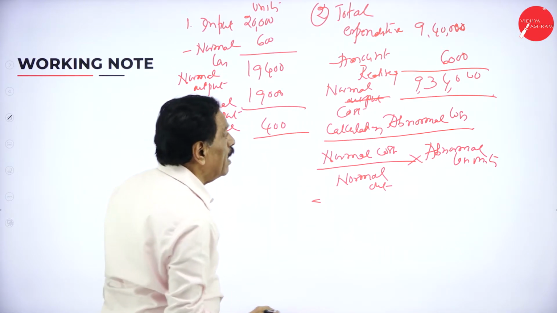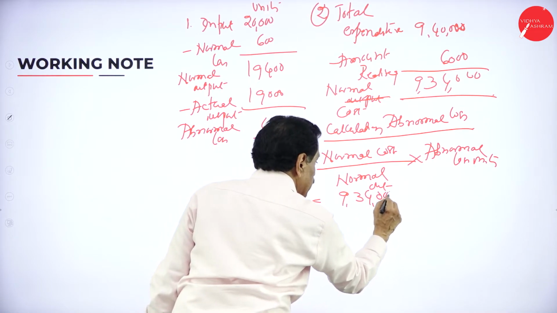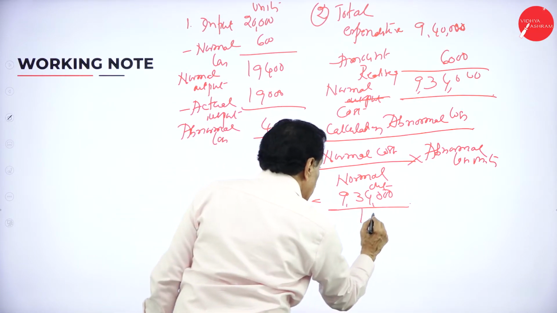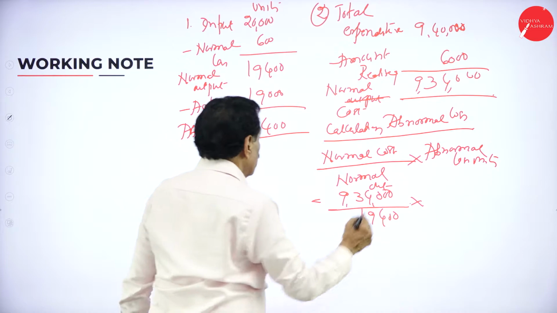What's your normal cost? 9,34,000. What is your normal output? 19,400 into abnormal units 400.